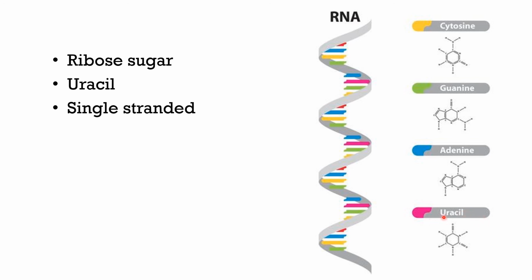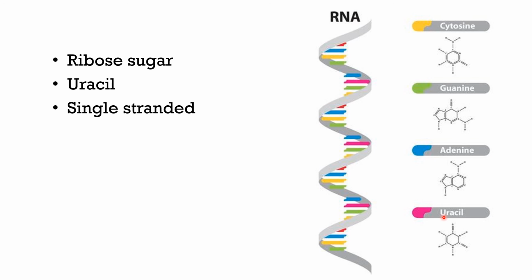Now, the reason why there's these slight changes between DNA and RNA is because your cell machinery needs to be able to tell the difference between DNA and RNA. DNA is going to be stuck inside the nucleus, and it should not ever leave. Okay, the nucleus is kind of like this very locked down, safe place that is going to hold those directions, because if those directions get messed up, you're going to have a lot of problems.